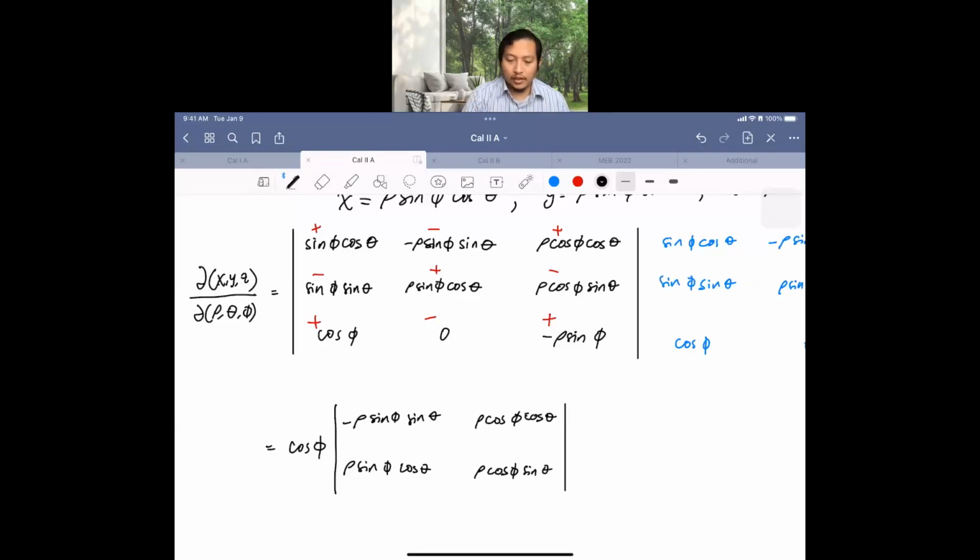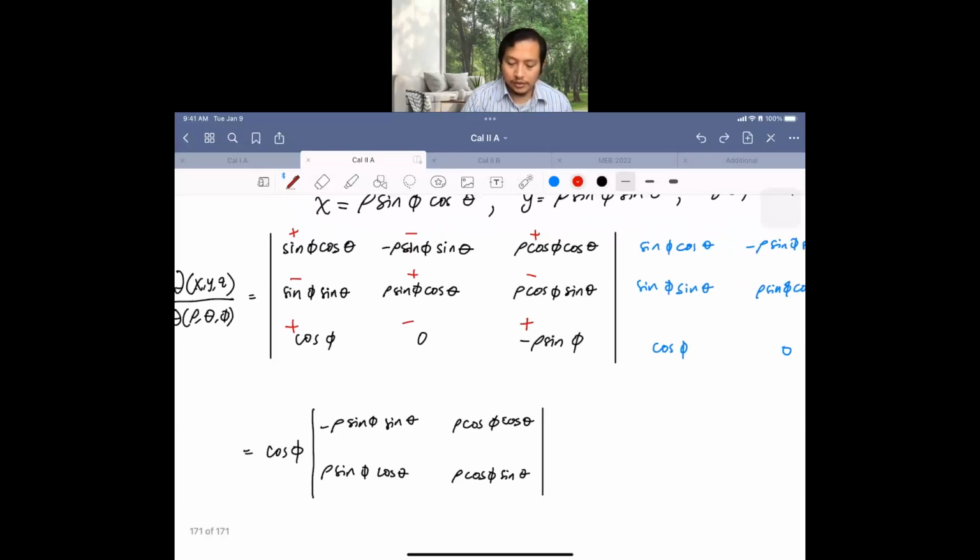The middle one is 0, so we don't count it, so we count the other one and this one, right?